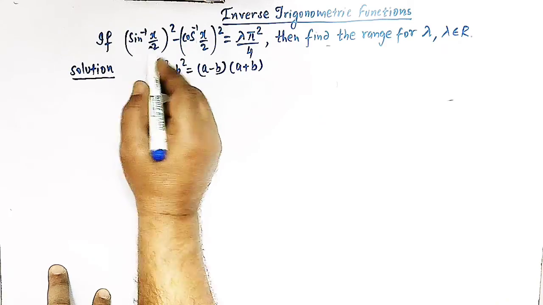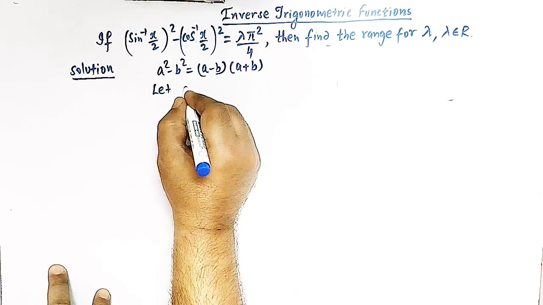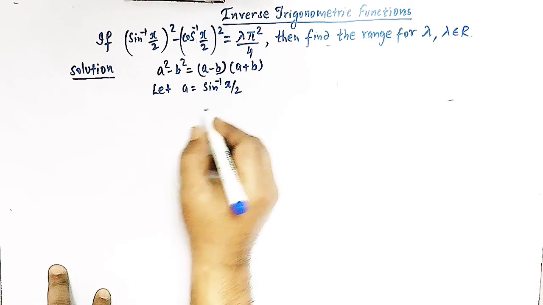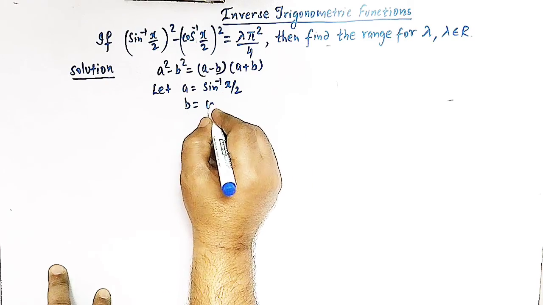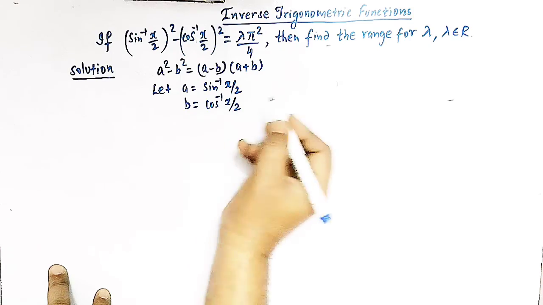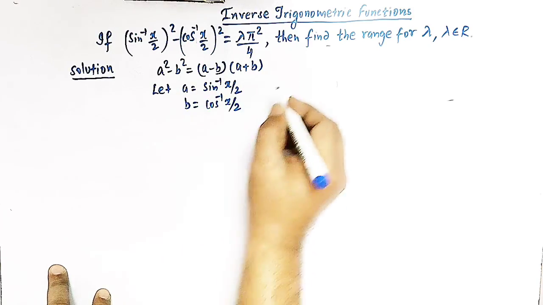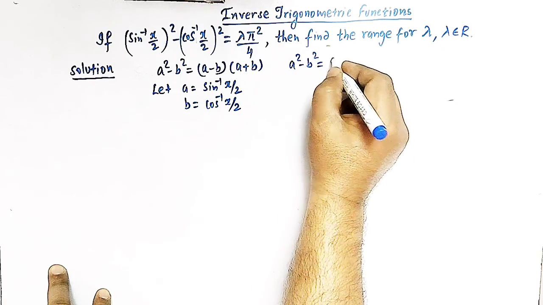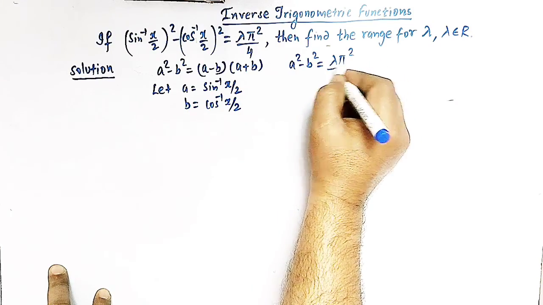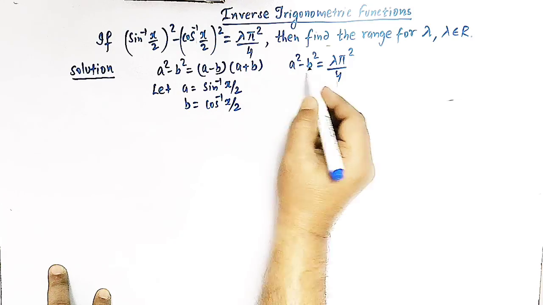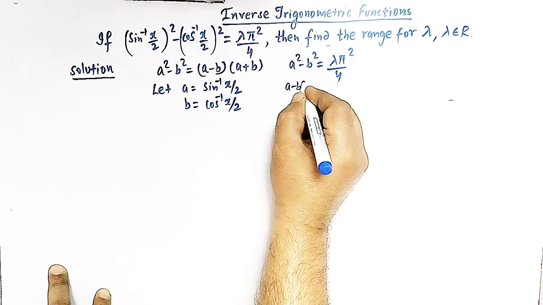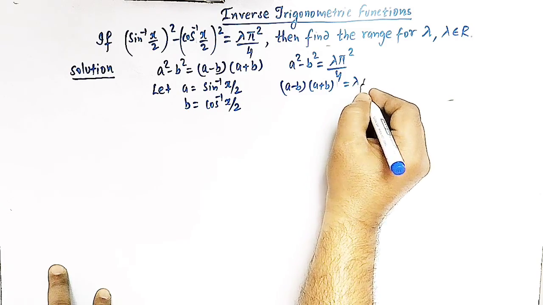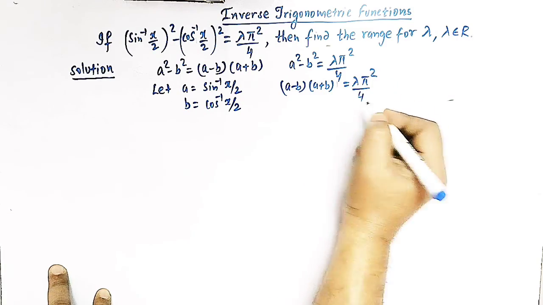So here if we take a is equal to sine inverse x over 2 and b is equal to cos inverse x over 2, then this expression can be written as a square minus b square is equal to lambda pi square over 4. So here we can now write a minus b times a plus b, and here we have lambda pi square over 4.